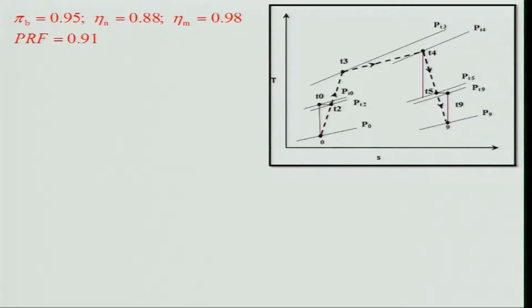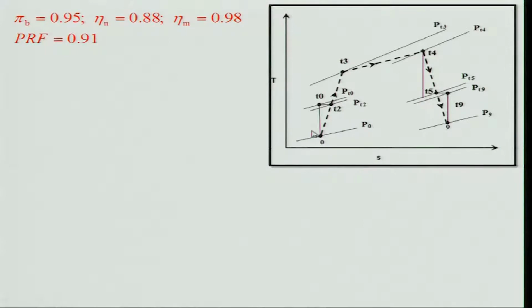And I would insist that before you carry out any analysis or calculation, you should keep the TS or the PV diagram in mind, or I would urge you to draw it for your own clarity, because the station numbers and other things will then be properly used, otherwise you will get confused.